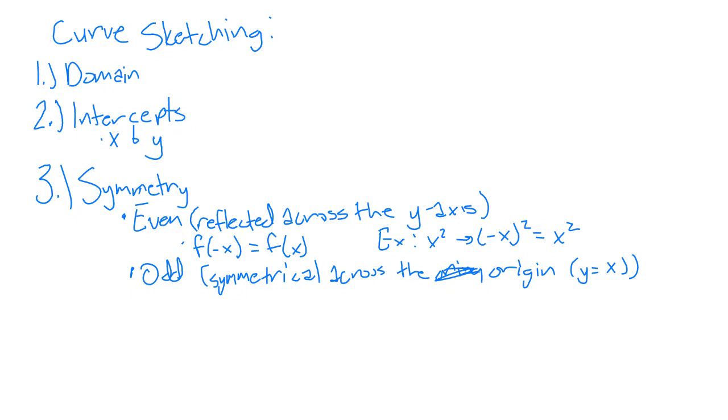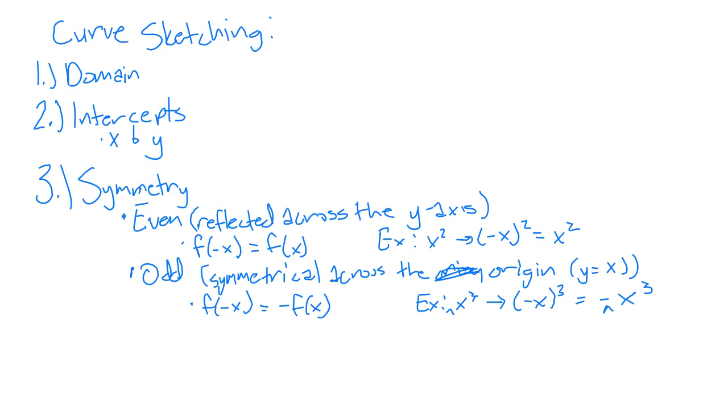The way we can identify this is if we plug in a negative value for x, we just get a negative value of our initial function. An example of this is x cubed. If we plug in negative x into x cubed, what we get spit out is negative x cubed. We have a negative sign right in front of our initial function.